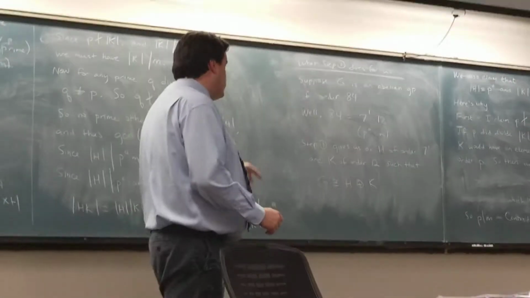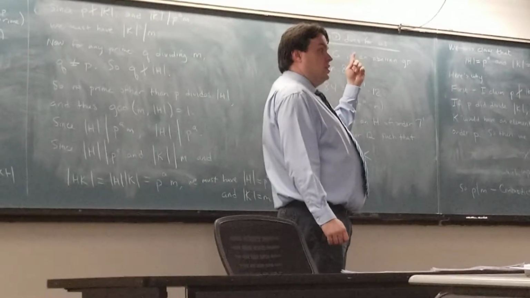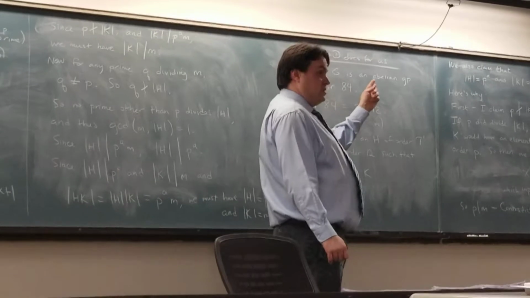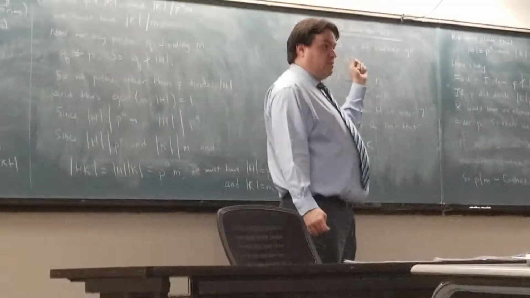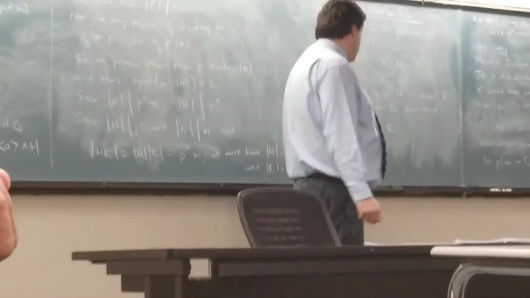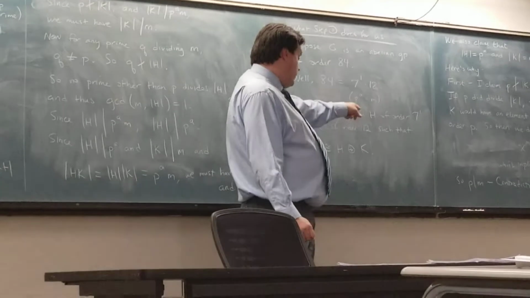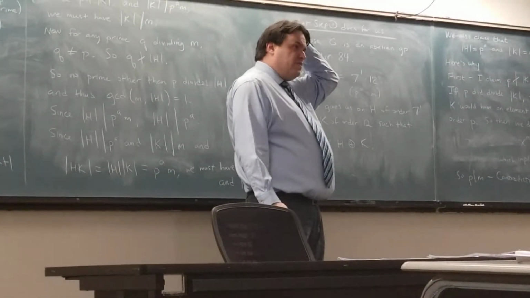Step 1 says, if you take all the elements whose 7th power is the identity, that's a subgroup of order 7. And all the elements whose 12th power is the identity, that's a subgroup of order 12. And not only that, but G is the direct product of those two groups. Okay? And what's more, in this case, because we have an H of order 7, what groups do you know of that have order 7?